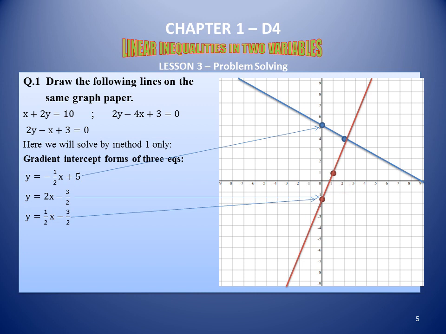So we will place a dot at this point. Joining these 2 points we will get a line. After drawing all the lines, label these lines, which completes the graph.